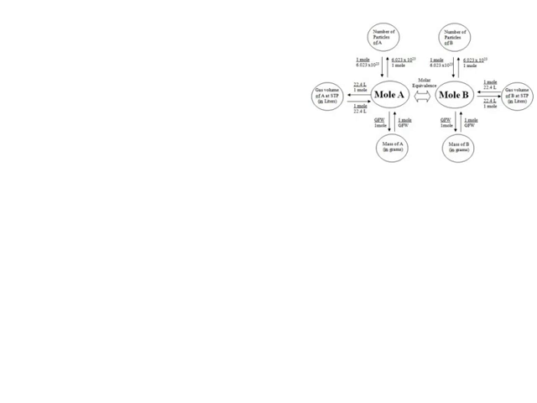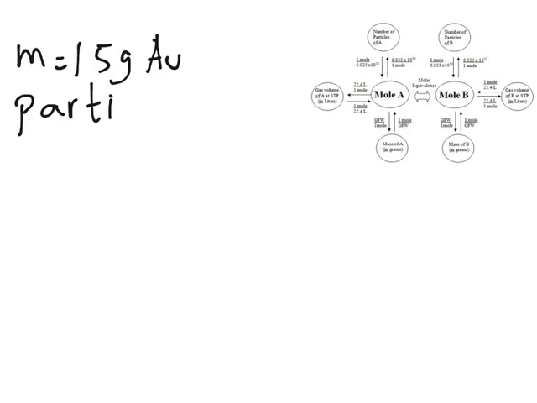So let's try something a little bit different. Let's say we have the same numbers: mass, 15 grams of gold. But this time we don't want moles, we want the particles of gold. And as I said before, you cannot go directly from mass to particles.